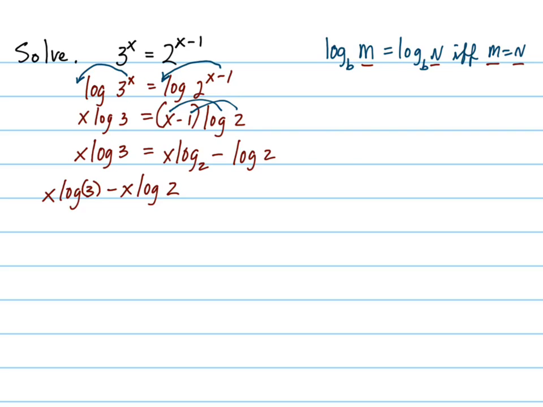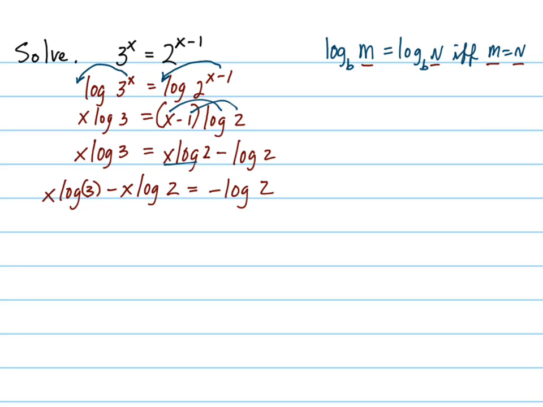Hold on a second and I'll fix that. And this should just say x log of 2 minus log of 2. Oh, right. So we have x log of 3 minus x log of 2 is equal to minus log of 2. So again, all I did was subtract that x log 2 from both sides.